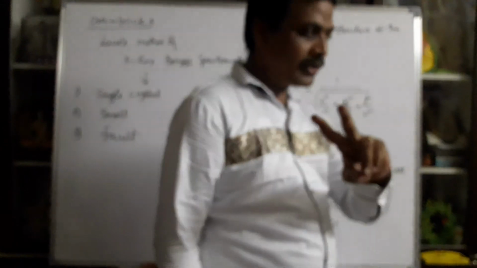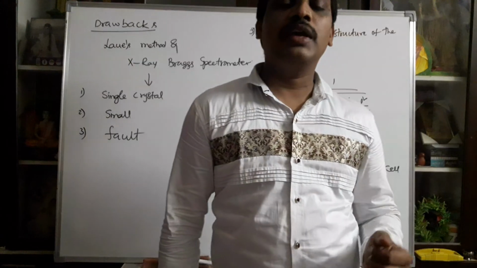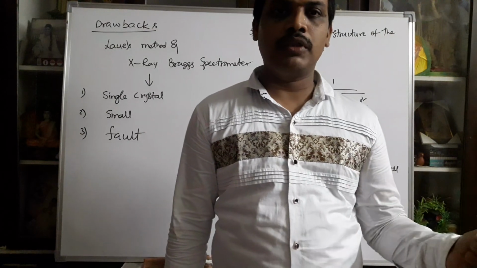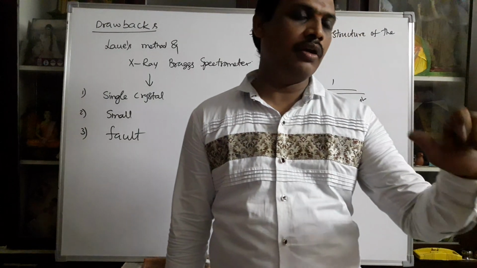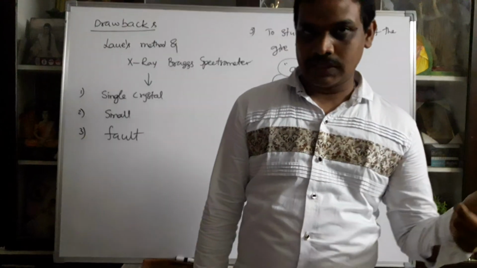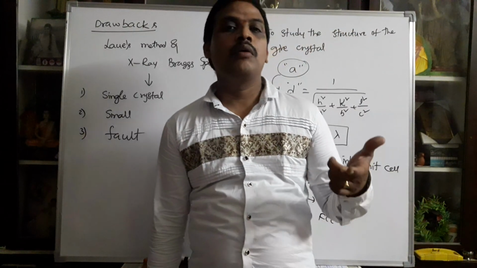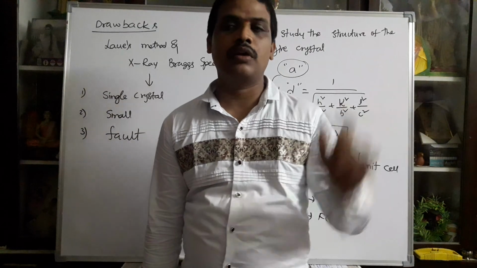Up to this, two methods are completed. In our next class, you can clearly understand the third and fourth methods. The third method is the rotating crystal method. The fourth method is the powder method, by which the structure of a powdered crystal can be explained. These two methods are explained in our next class. Okay.